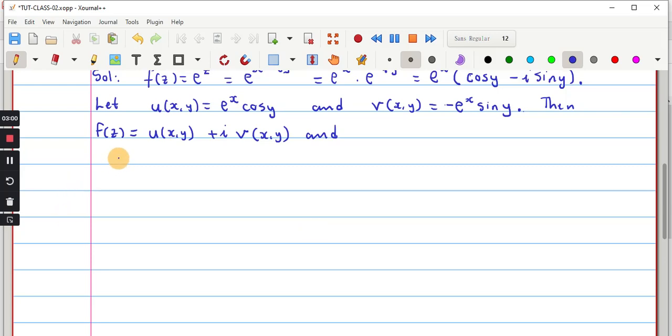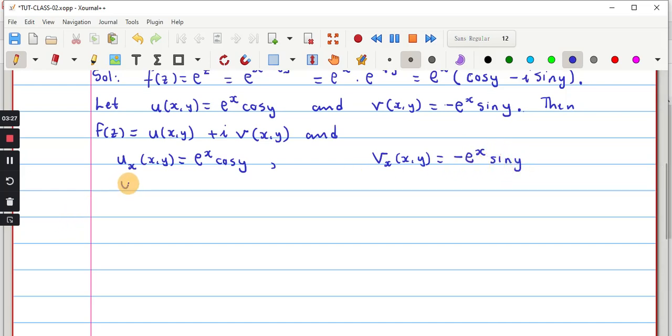From this, we can find our partial derivatives. The partial derivative of u with respect to x is e to exponent x cos y. The partial derivative of v with respect to x is minus e to exponent x sin y.